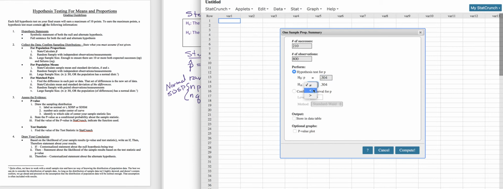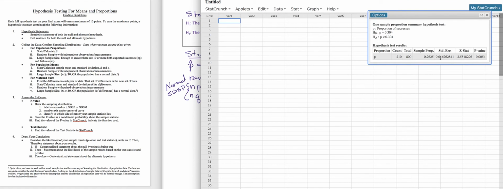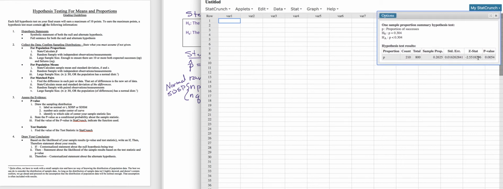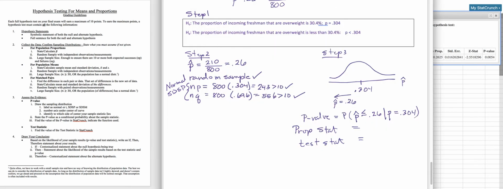Our alternate is less than, and we click compute. So 210 out of 800 gives us that sample proportion of about 26%. The standard error is the standard deviation of our sampling distribution, but we don't really need it for anything from here on out. We've got our test statistic here, and our p-value here. So let's go and report both of those.